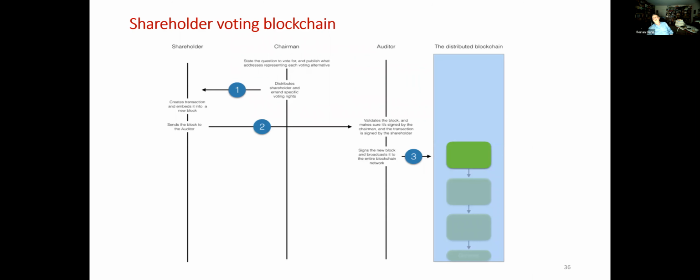Well, here's another, rather trivial example. Let's say you have shareholders and you want to use blockchain as a mechanism to enable voting by shareholders.